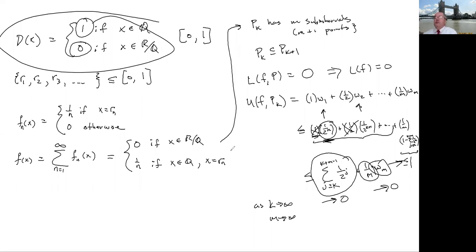Now, where is the break between a function like this, which isn't Riemann integrable, and a function like this that is? We'll be taking a look at that towards the end of the chapter. But this little trick of picking the widths of the intervals to be so small that you can make them add up to nothing is one that shows up over and over again when you're talking integration theory. And so we needed to see it.